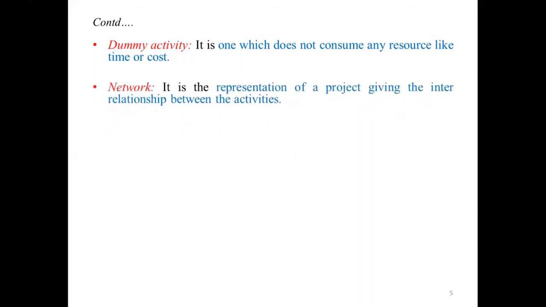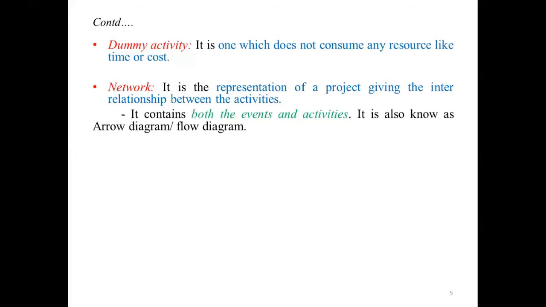It is the representation of the project giving the interrelationship between activities. That means the network will give the interrelationship between the activities. It contains both the events and activities. It is also known as an arrow diagram or flow diagram.